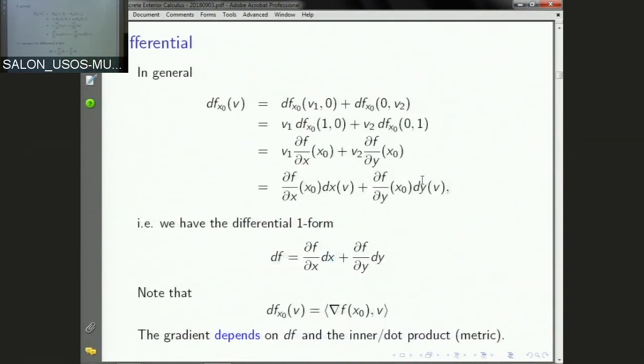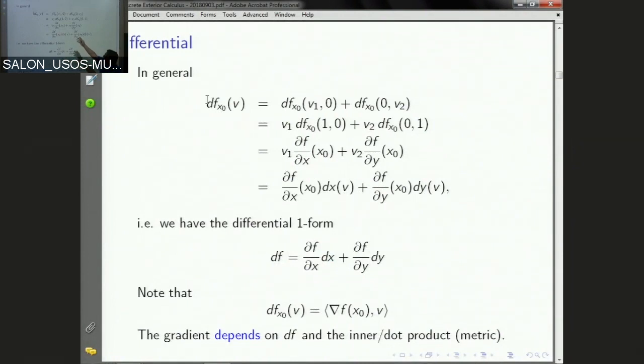Now, in general, I will play with symbols, but to show you that you already know differential forms, I introduced already dx and dy. For a general function, we have the differential of f at x0 in the direction of v. Well, v you can write as the sum of two vectors, (v1, 0) and (0, v2).